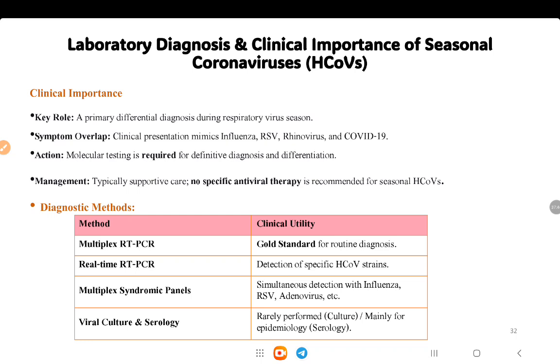Most patients need supportive treatment because till now there are no specific antiviral drugs recommended for the seasonal coronavirus.